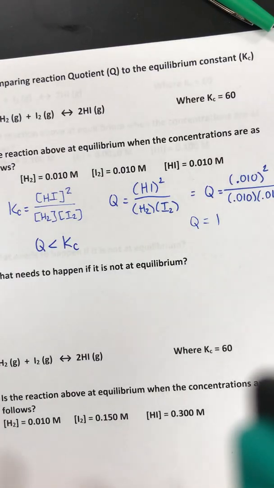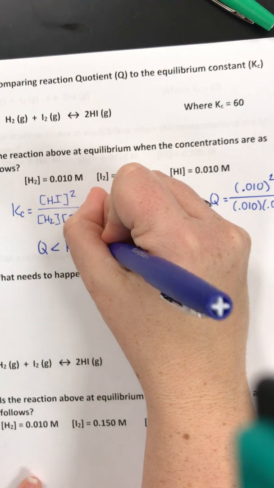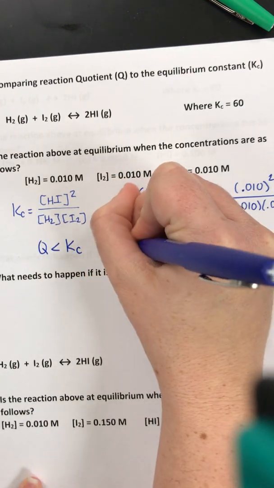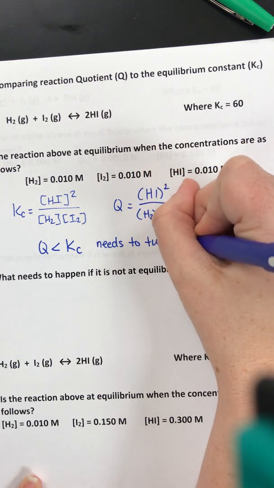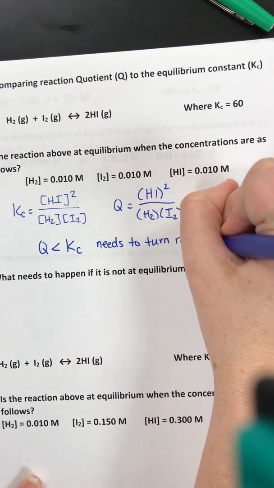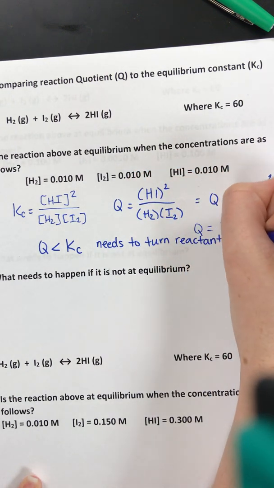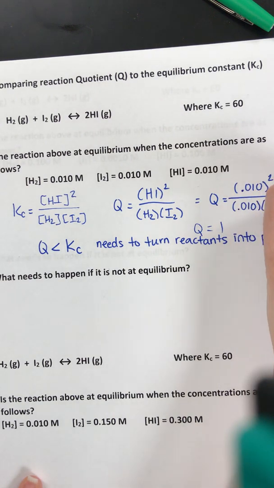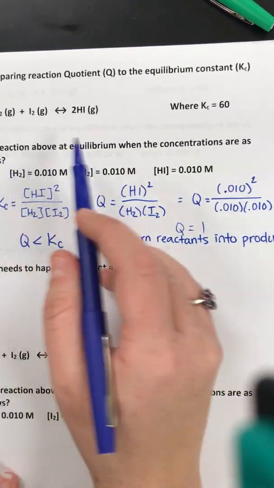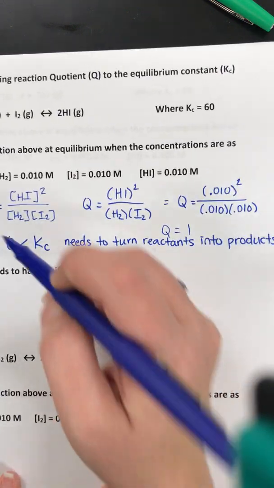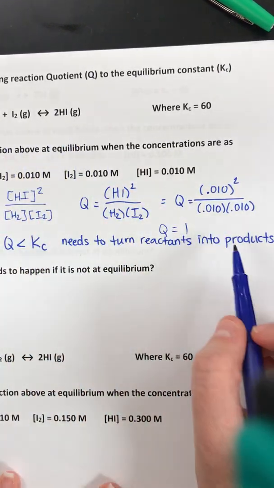Okay, and when that happens, that means the reaction needs to turn reactants into products, okay? When Q is smaller than Kc, that means the reaction is not at equilibrium and we need to turn more of the reactants into products, okay?